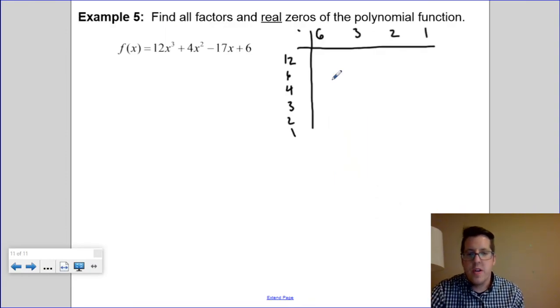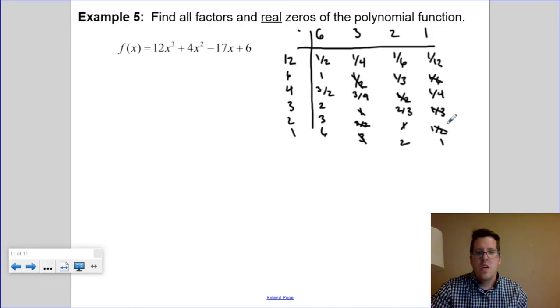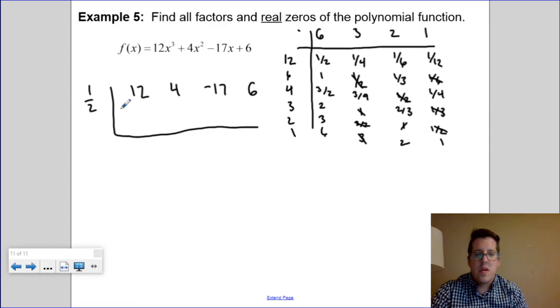All right, for this final problem, I'm going to start by listing all of the possible rational zeros because I know it doesn't factor. Okay, so I've listed all of my possible zeros. I've already shown you plugging in things like 1 and 2 for a while, so I think I'll plug in a fraction. So I'm going to plug in 1/2. We haven't seen a fraction yet.